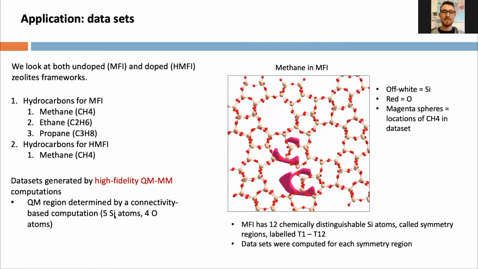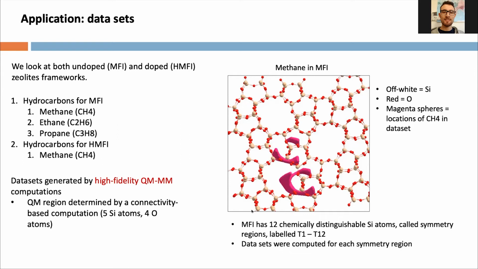It looks at the closest silicon atom to the hydrocarbon, the 4 connected oxygens, and then the 4 connected silicon atoms that are closest to the hydrocarbon. In this picture on the right, we have silicon in this off-white color, oxygen in red, and these magenta surfaces are actually composed of a bunch of little spheres, and that's where we have energy calculations for the position of the hydrocarbon in this data set.